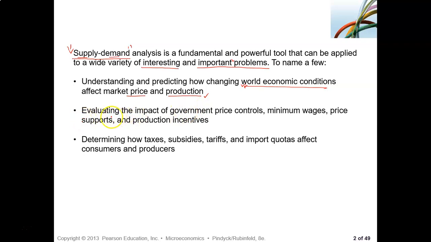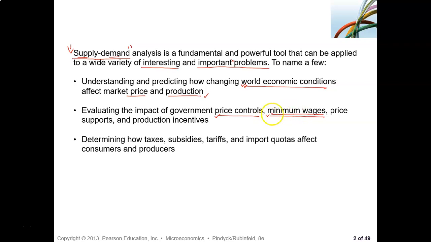Then we will evaluate the impact of government price controls, as we said, price floors and price ceilings. Then minimum wages, right? Remember, government sets the minimum wage per hour for workers to help them earn a decent living. Sometimes employers do not want to give a high wage, so the government will step in.